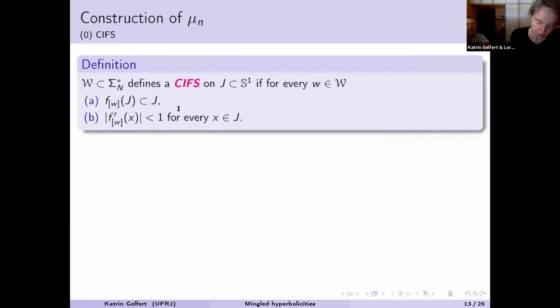Let me use this abbreviation, iterated function systems on my blending interval J, or some appropriate interval J. So if I take my iterated function system by these fiber maps, then I can consider some concatenation of those fiber maps.